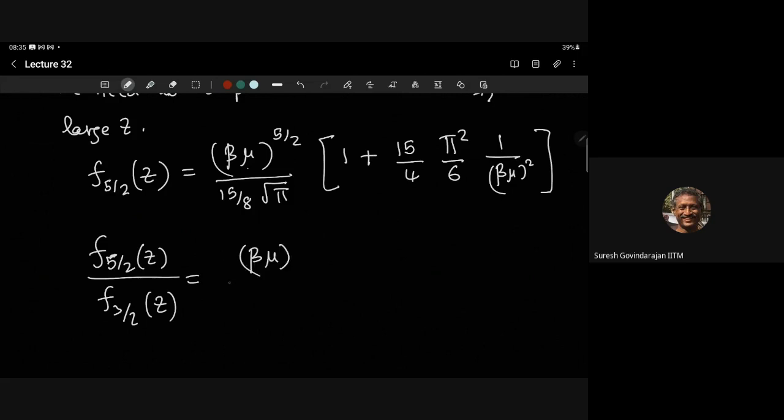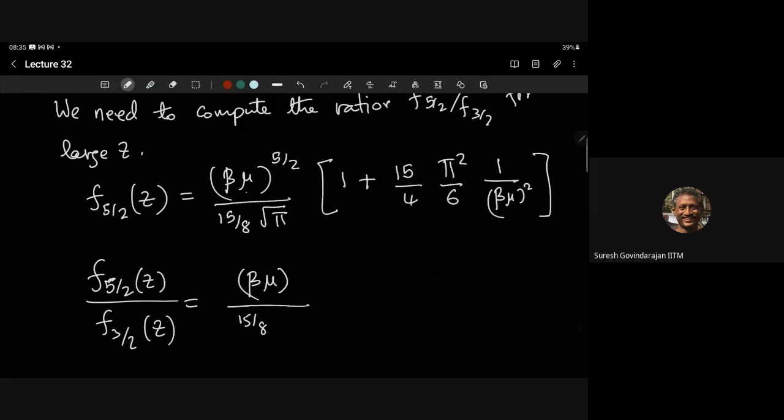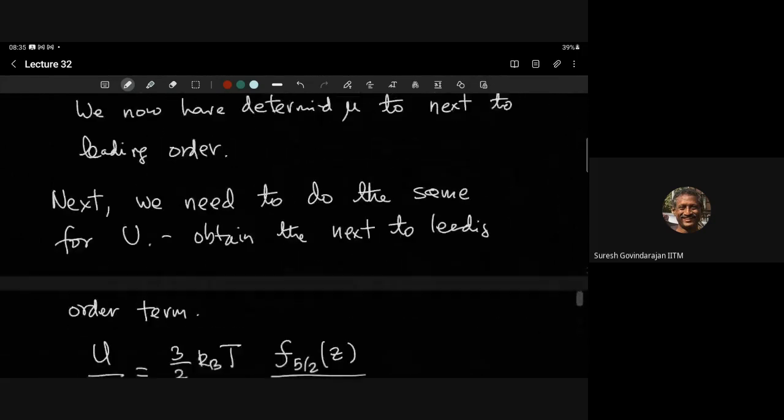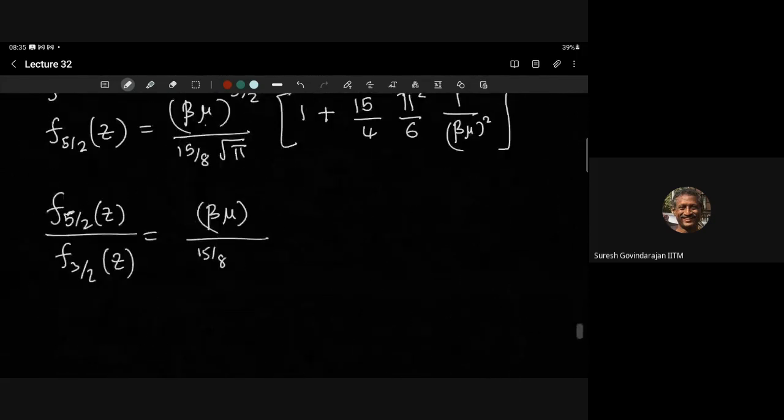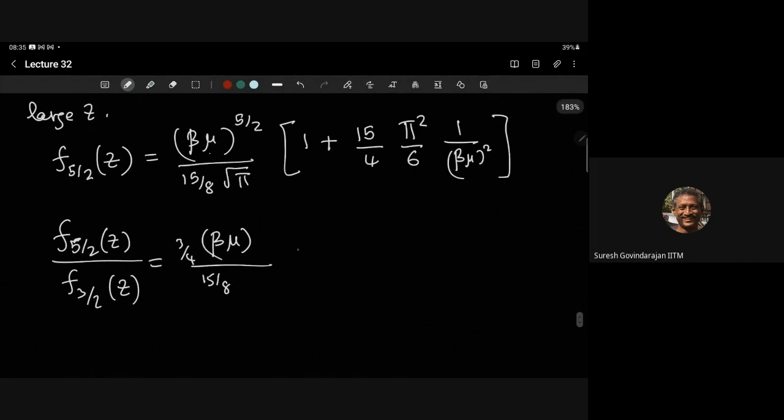Beta mu divided by, this will be 15 by 8 into f3 half, what did it have? 3 by 4. Okay, so we are done here. Let's simplify this. So this is 5 by 8. And like before, I'll just write this as x square.